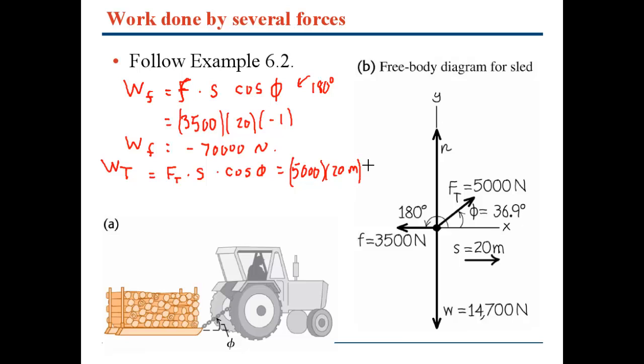And we have cosine of 36.9. You work that out, and you're going to come out with around 80,000. Now we can say what was the net work done by the system.